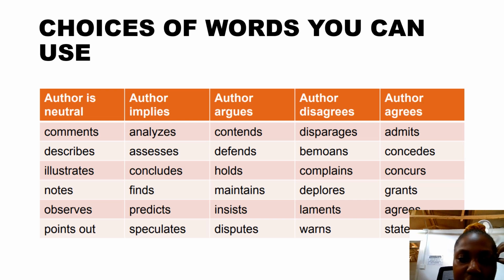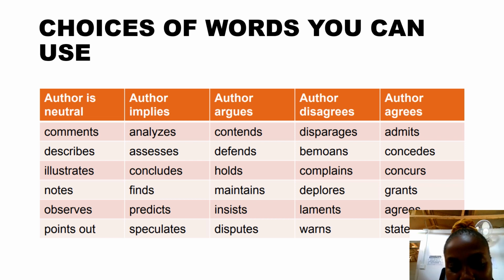Then, choices of words you can use. When you are writing a literature review, you also need to use some English. There's some English which is neutral, some which is argumentative, and some which is disagreeing. For example, there are neutral words you can use, like: this author commented, this paper described, this paper illustrates, this paper notes, this paper observes, this paper points out. So these are neutral.